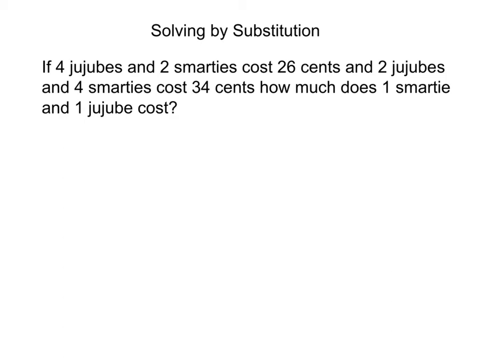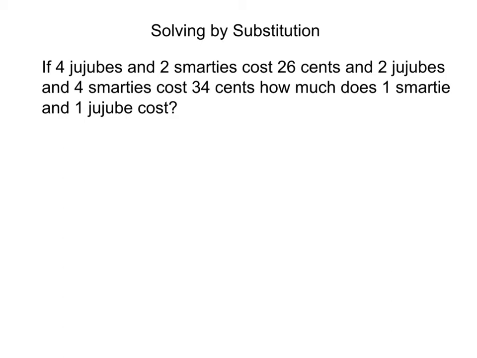So this question is: if I have 4 jujubes and 2 Smarties and they cost 26 cents, and I also have 2 jujubes and 4 Smarties and they cost 34 cents, how much does 1 Smartie and 1 jujube cost? So I start off with my two equations.